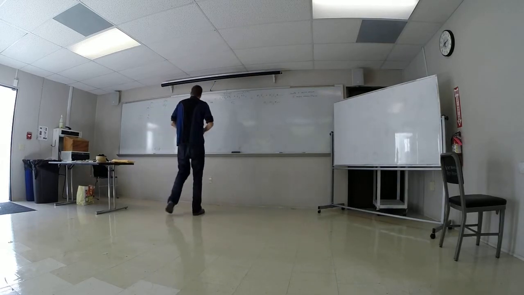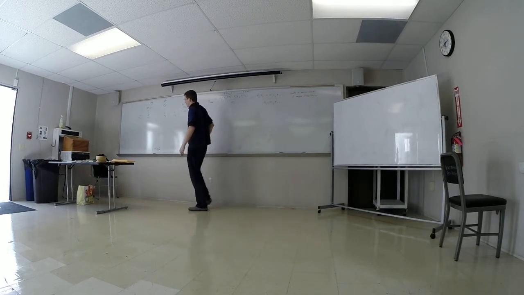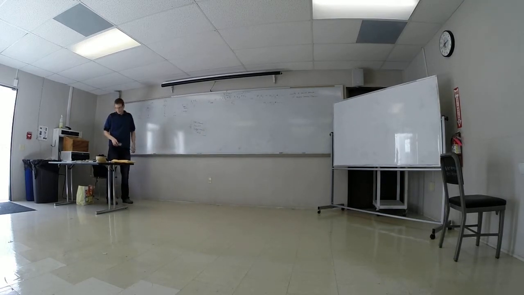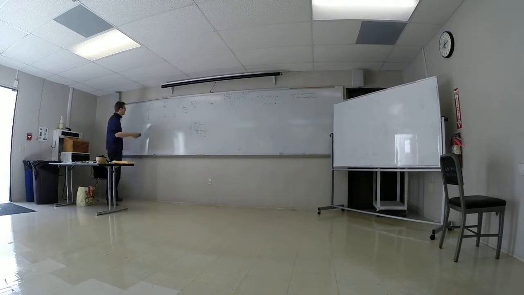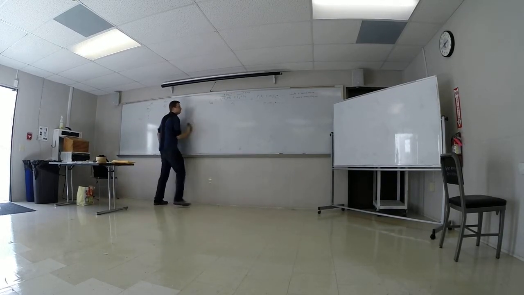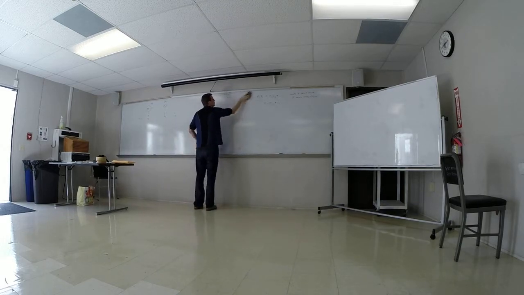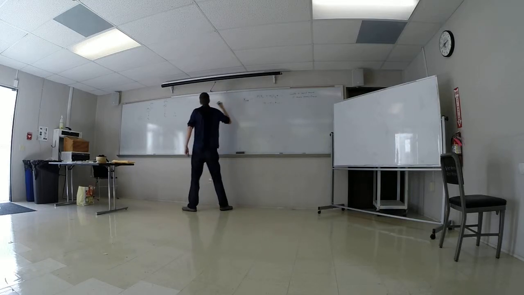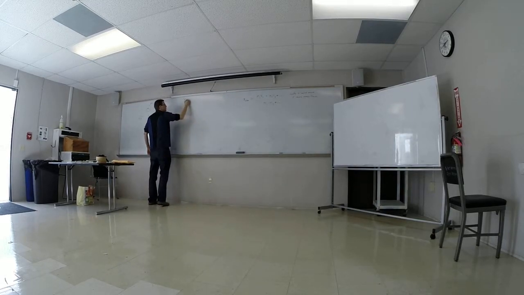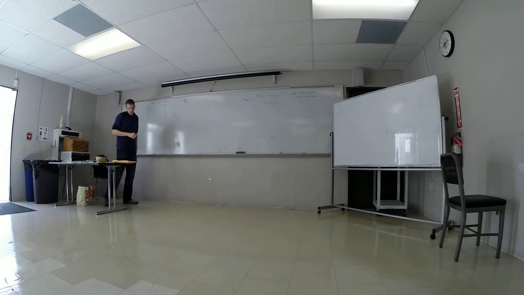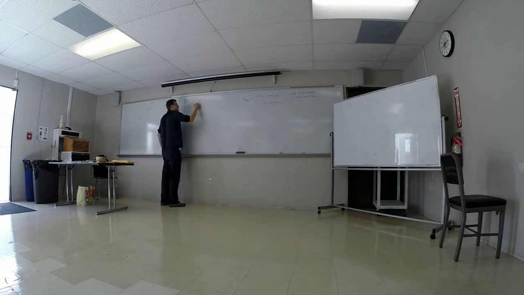So let's go ahead and just try an example of this. And I think this is relatively straightforward, so I'll try to put in a few twists and turns. So here's my example. I have a point particle, mass 1.